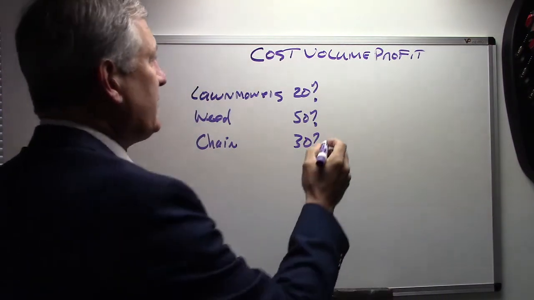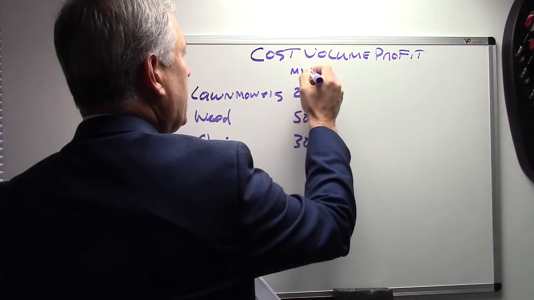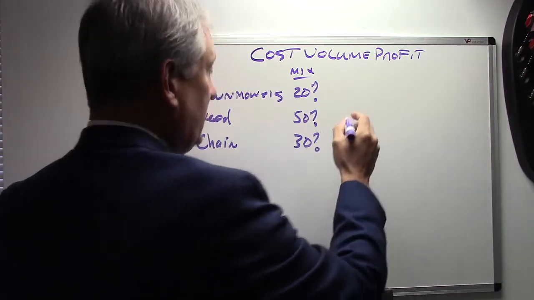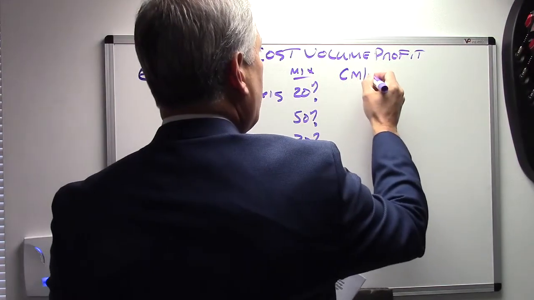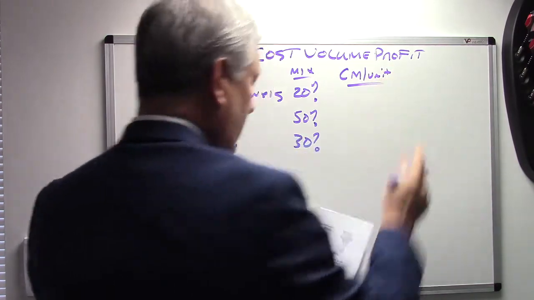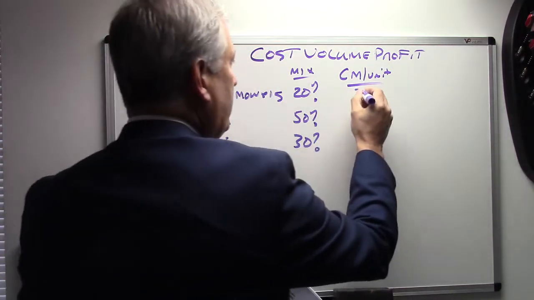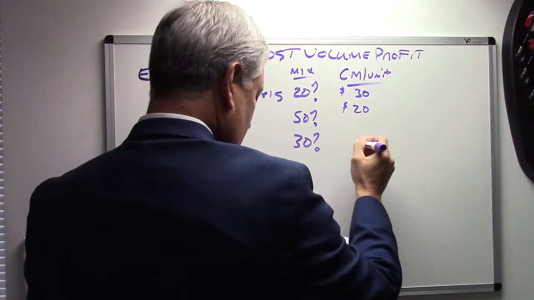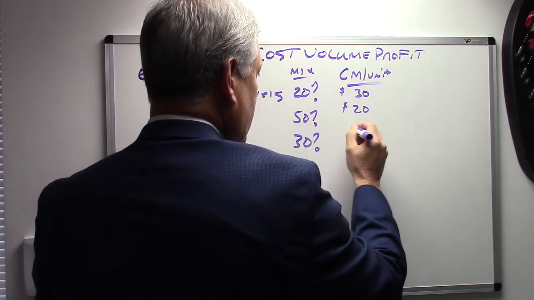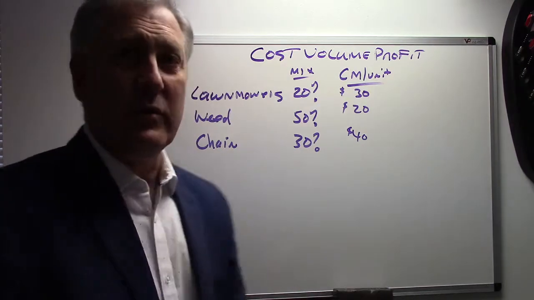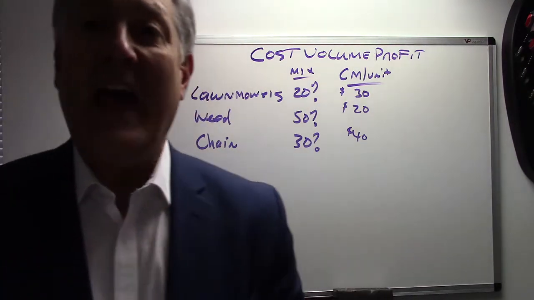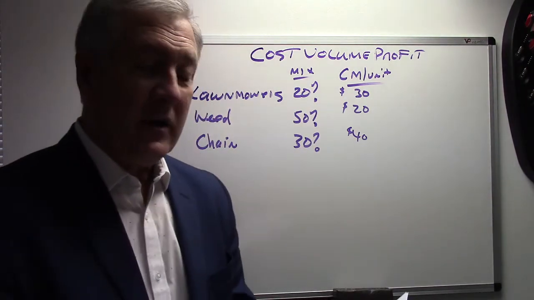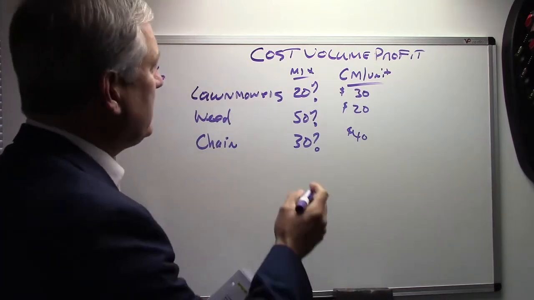Now the unit contribution margin, so this is the mix right here, and this is the CM per unit over here, and they give this to you as $30, $20, and $40. So what we want to do is come up with the weighted average contribution margin. So we're going to multiply for the lawnmowers.